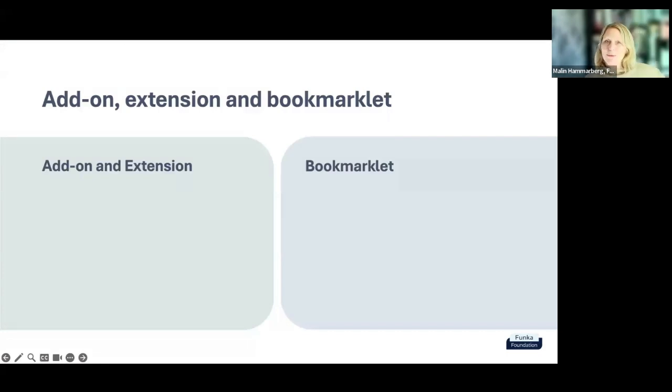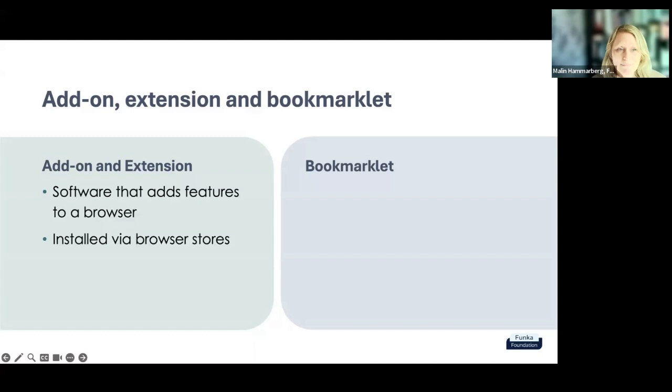Next, I thought I would like to deep dive into add-ons, extensions, and bookmarklets. So add-ons and extensions are software that adds features to a browser. They are installed via the browser stores, and they work.